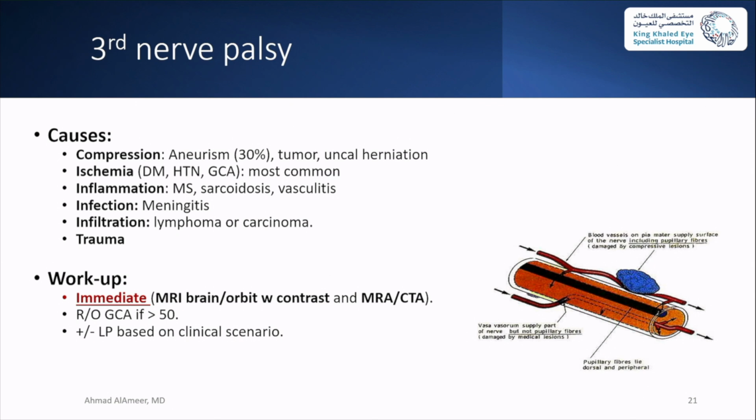And sometimes, based on your clinical judgment, you can do LP if you think it's infiltrative or from meningitis, by asking if they have other symptoms like neck rigidity, fever, malaise, then you should suspect meningitis in those cases.